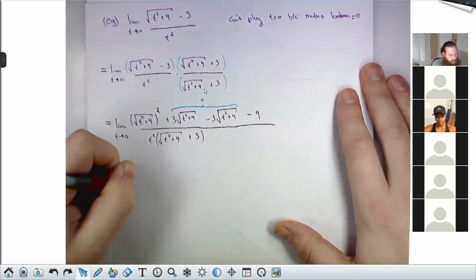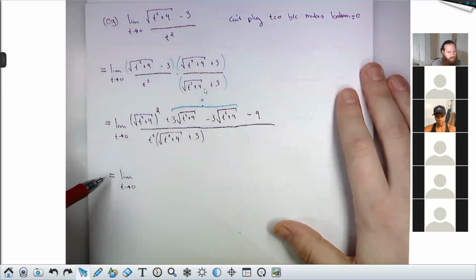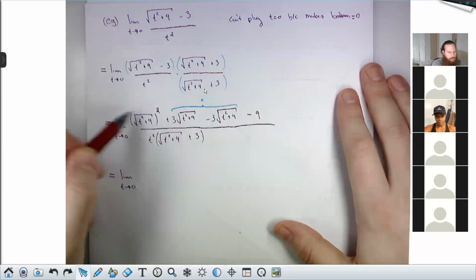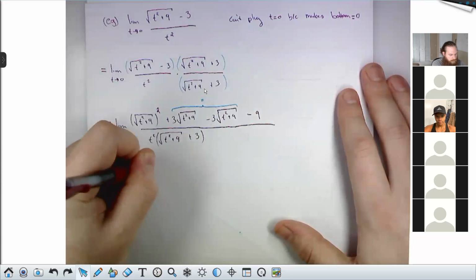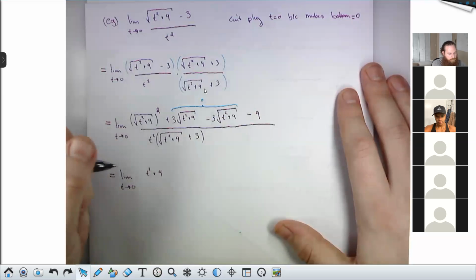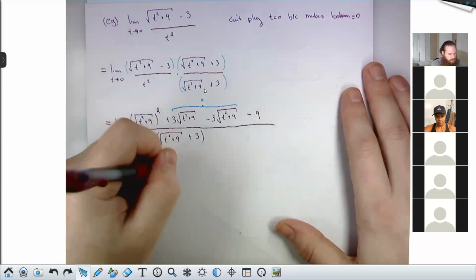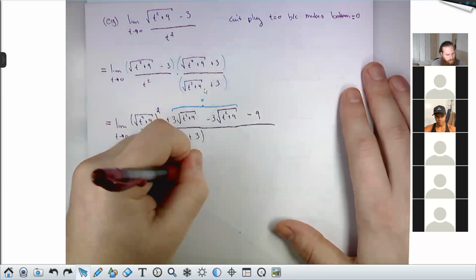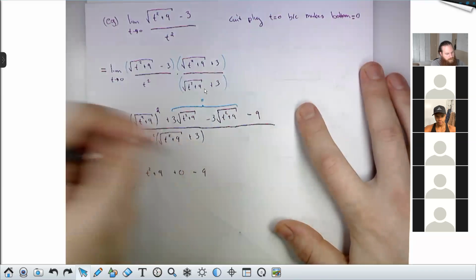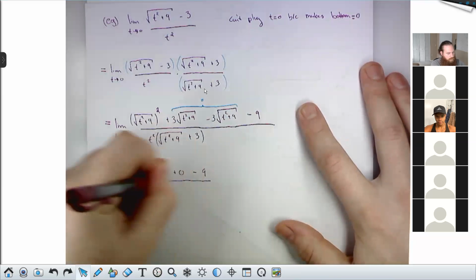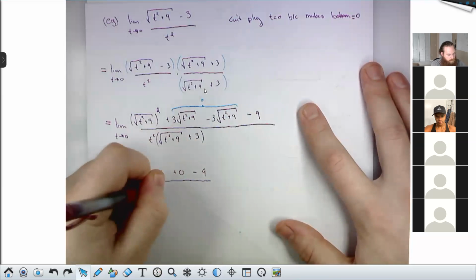So I have equals the limit as t goes to 0. This piece, when I simplify it, just becomes t squared plus 9. All of the stuff in the middle is 0, and my lasts are minus 9. So this is what I get.